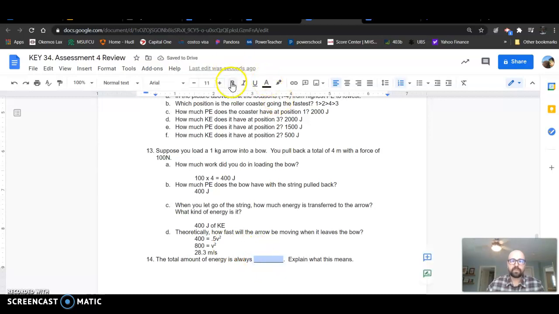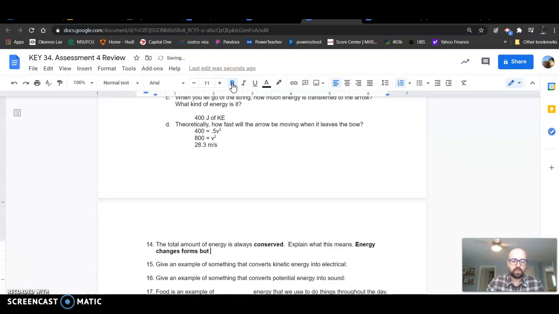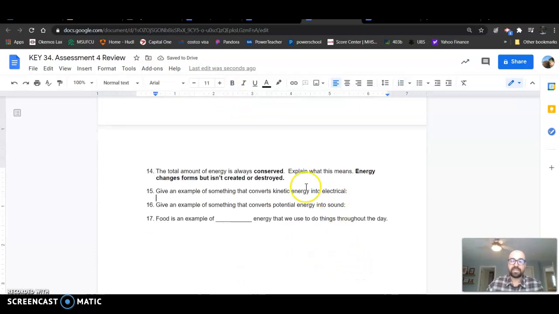Here, the total amount of energy is always conserved. Explain what this means: the energy changes forms, but isn't, well, we shouldn't say gained, isn't created or destroyed. Almost done here. Something that converts kinetic energy into electrical.